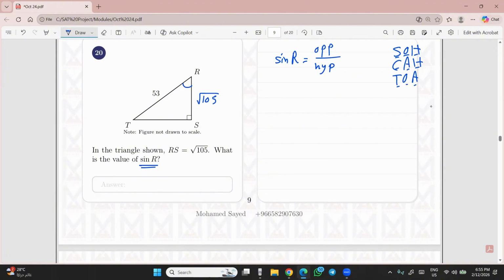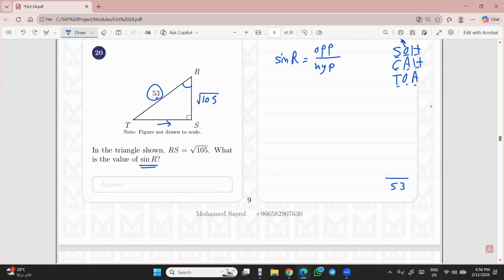So now we're talking about the sine of R, and the opposite of R is this side, which is TS, but we don't have this. And the hypotenuse is 53. So we need to get the value of TS and divide it by 53. Well, how can we get TS? We can use the Pythagorean theorem because we have two sides given.